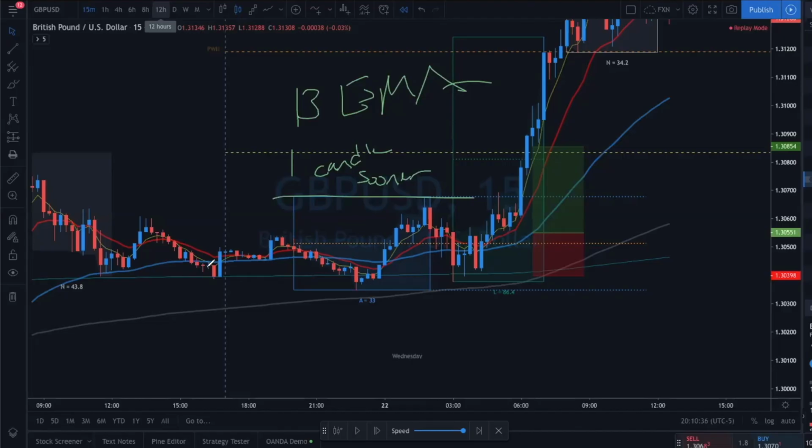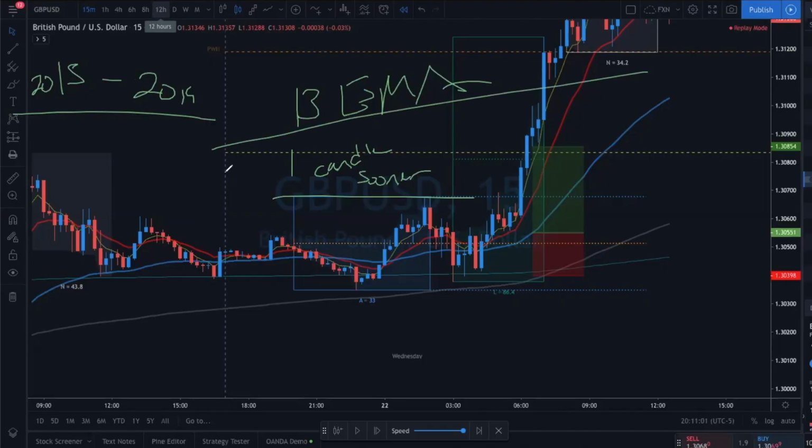Now, what I'm planning on doing is going back from 2015, so 2015 through 2019, and seeing what the average is and how many times it is correct versus actually wrong. But so far, it's the only thing that's been close enough in numbers to a 5 and 13 cross.